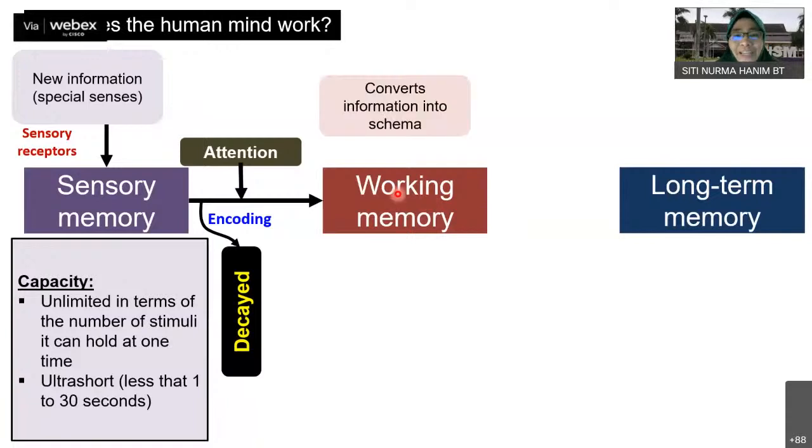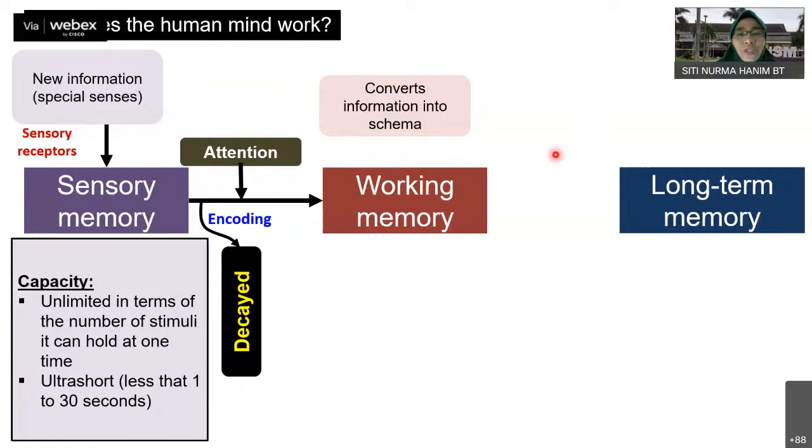The working memory will convert this information, the raw information from sensory memory, into schema. So what is schema? It's actually a very difficult term to explain, but I can say that schema is just organized information that can be stored later on in long-term memory.